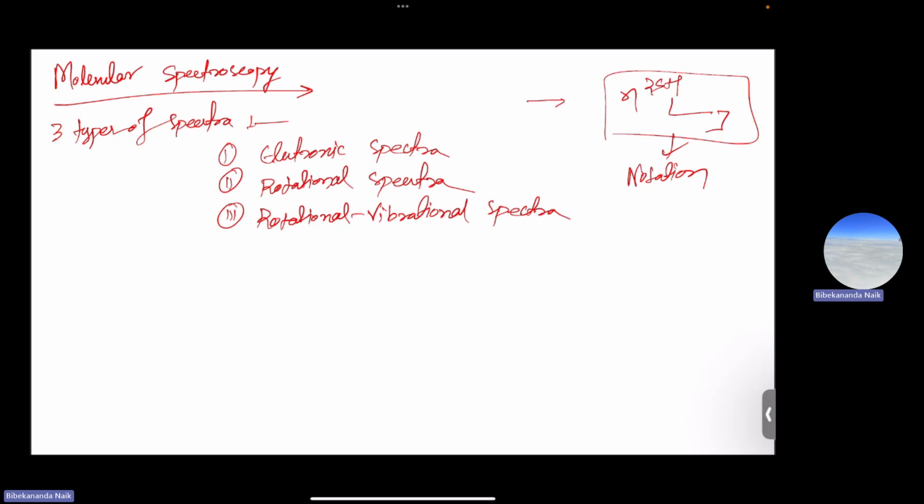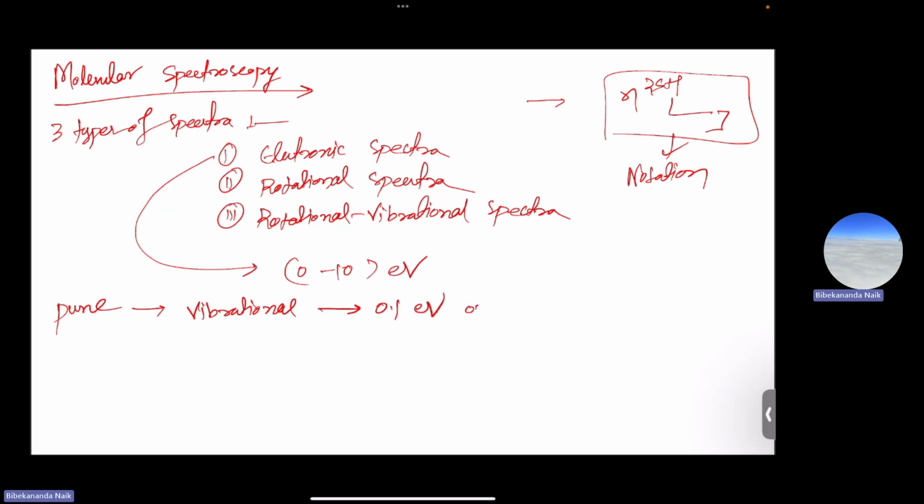Now, if you talk about the value of energy for electronic spectra, the energy is of the order of 0 to 10 electron volt. Then, for vibrational spectra, the energy level is of the order of 0.1 eV. Then, for rotational, it is of the order of 10 to the power minus 3 eV.